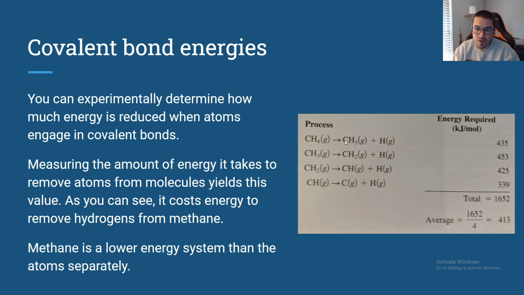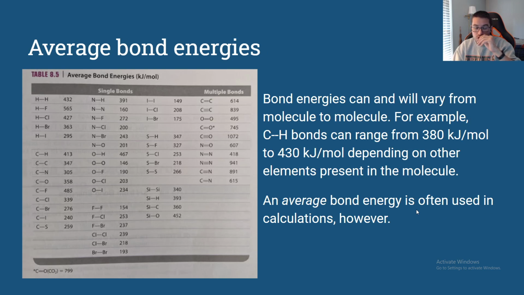The amount of energy that we spend peeling each hydrogen off one by one is like breaking one carbon-hydrogen bond at a time. And if you take these values here and average them up, you come up with the average bond energy for a carbon-hydrogen bond. You can actually do this for lots of different bonds, and scientists have, okay?